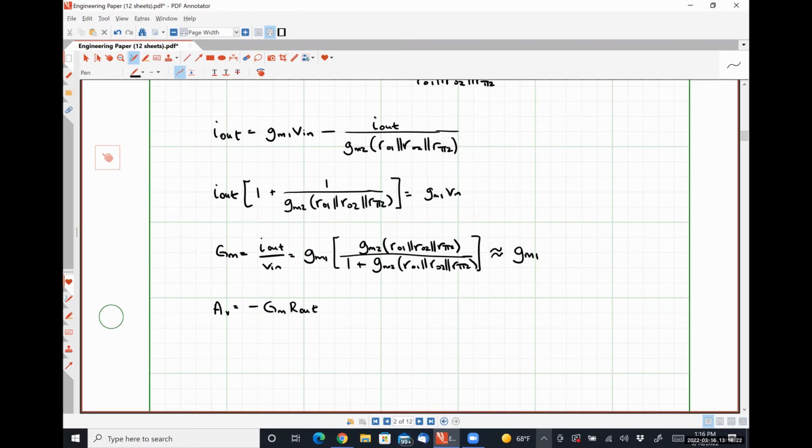And so what we have here is then approximately negative GM1 times 1 plus GM2 times R01 in parallel with R pi 2, multiplied by R02 plus R01 in parallel with R pi 2.